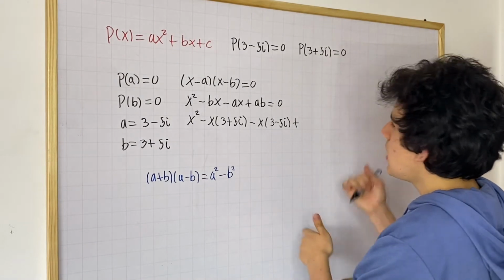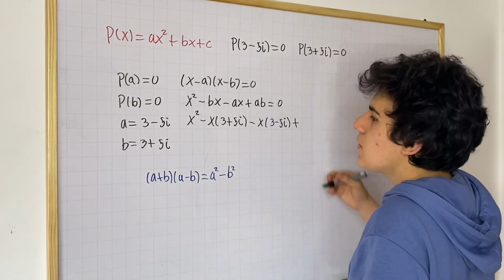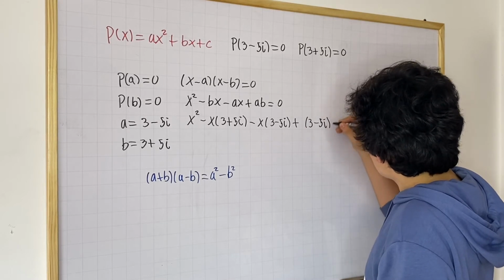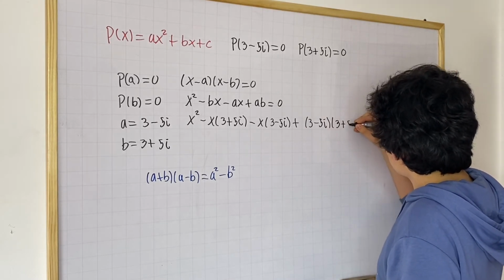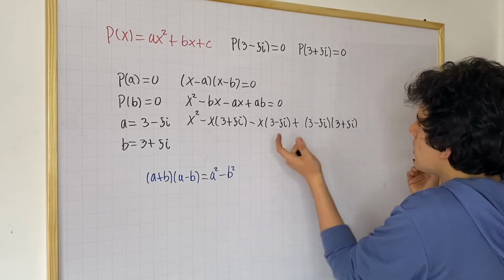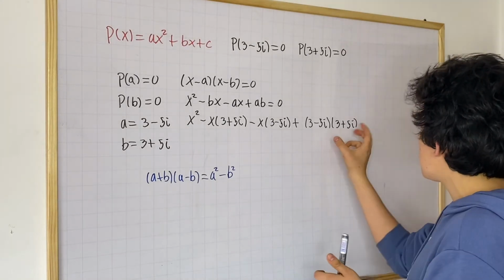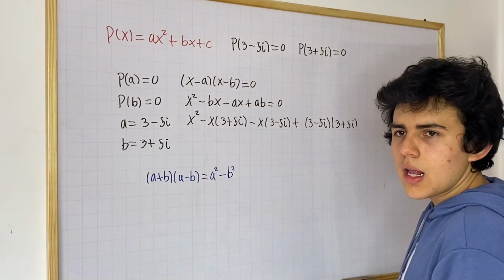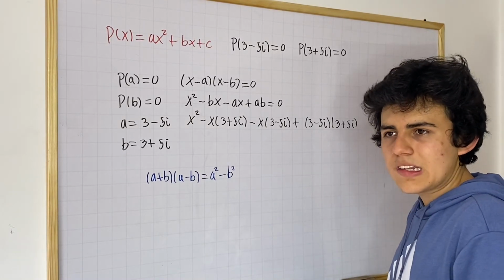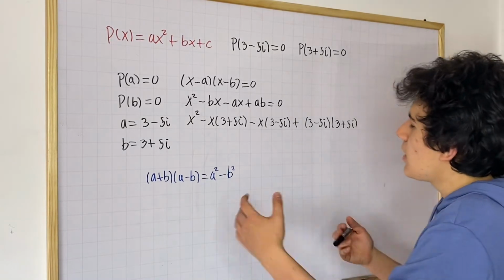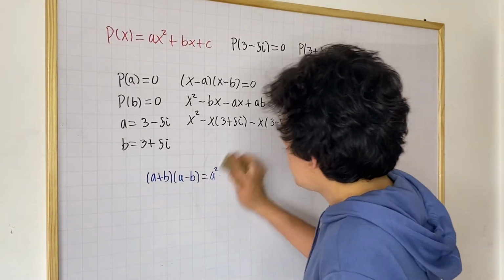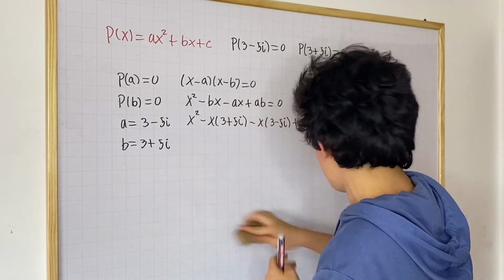We're just simply saying in here that we've got 3 minus 5i times the conjugate, 3 plus 5i. So this is a difference of squares, and we can literally grab this and square it. I'm not sure if that is even a verb, square, yeah, I think it is. But yeah, you know what I'm saying. You can just take the square of that, and you're gonna find the product between the two roots.